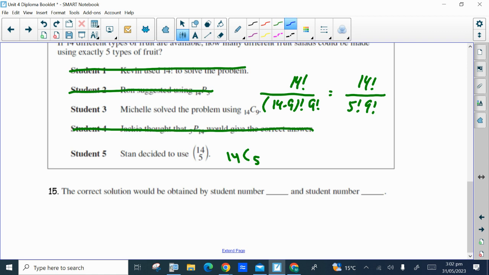And if you did what Stan said, which is, again, 14C5, that'll be 14 factorial over 14 minus 5 factorial times 5 factorial. And 14 take away 5 is 9. So you get the same denominators. They're just the same factors on the bottom. They're just in a different order. But when you're multiplying, order doesn't matter. Right? So student 3 and 5 have the correct answer.